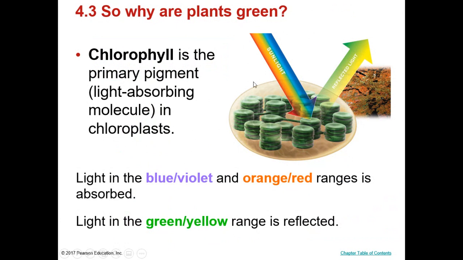It's going to absorb essentially all the colors, if you will, of sunlight, but then it's going to reflect green. That's why we see, for the most part, leaves being green, because they're reflecting green light while absorbing every other light from UV radiation.